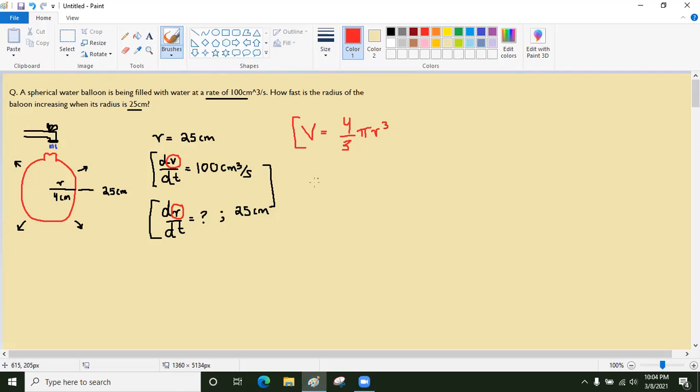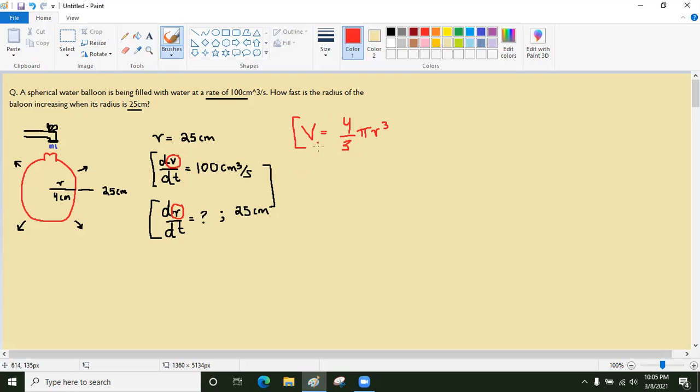And the idea now is we want to find the derivative of V with respect to time. In other words, we want to know how much the volume is changing with respect to time. If we find the derivative on one side, we want to find the derivative on the other side as well.